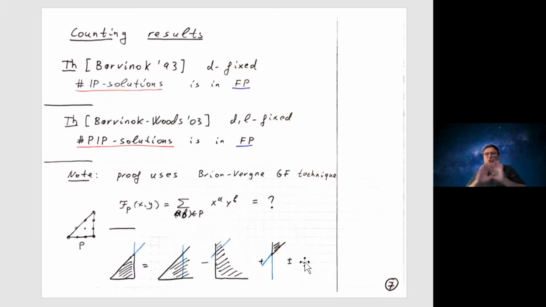At the end, you get some kind of easy to handle rational function. That's Brion and Vergne's approach to the problem, and Barvinok was able to combine it with Lenstra's approach to get the counting results for the number of solutions to integer problems.